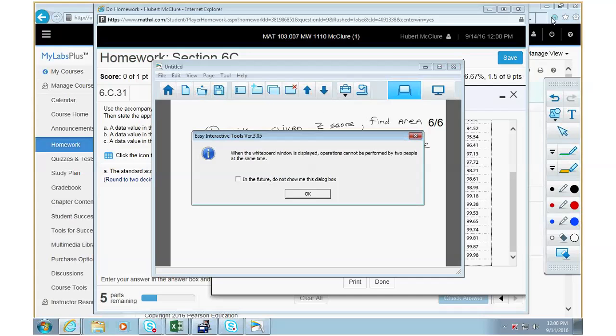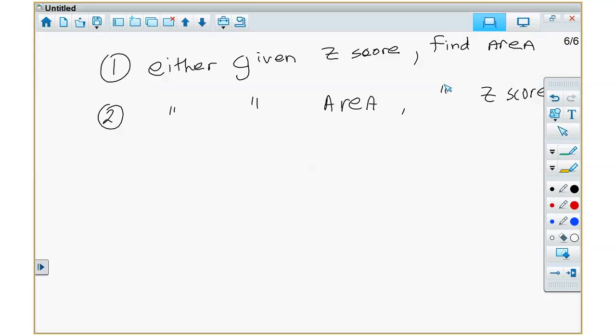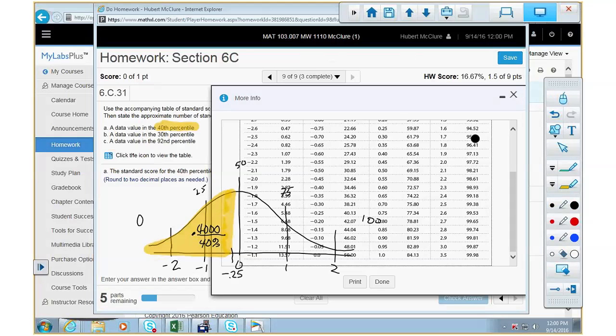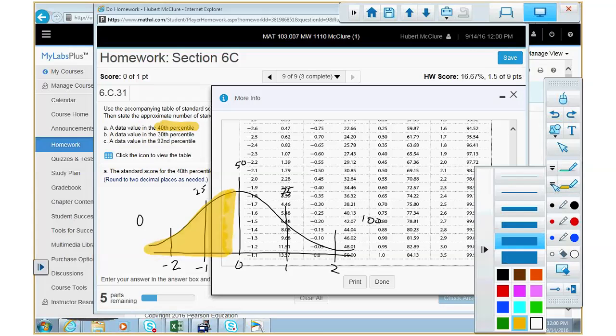Should have just hit transparent. There. You find the 30th percentile. Where would 30 be? I'm going to do this in green. Well, you just found 40.